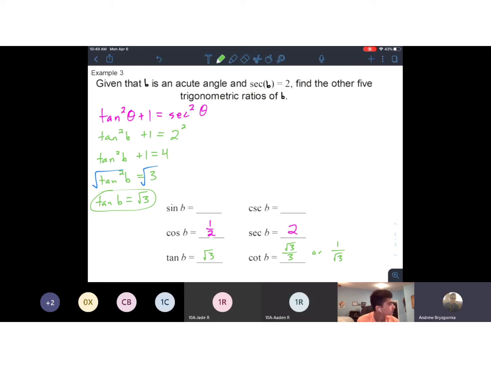That's because it was the reciprocal of root 3, which is 1 over root 3. It's not wrong if you do it that way, but I would prefer to see root 3 over 3, because that's what you're going to see more often in this class and in the future.